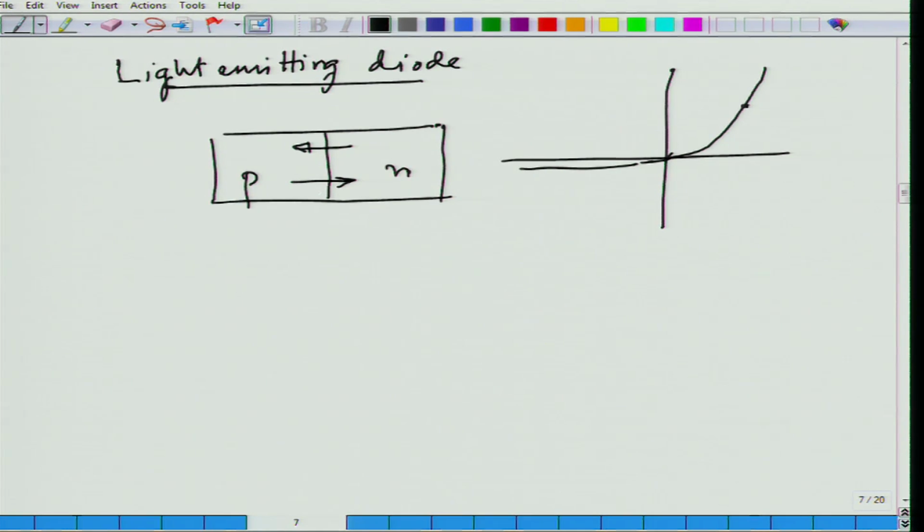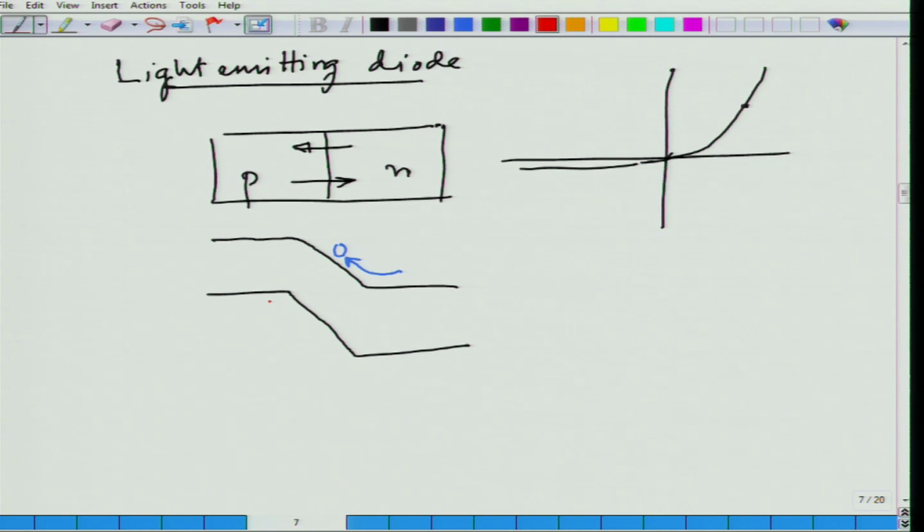An electron which is moving in this direction comes here.